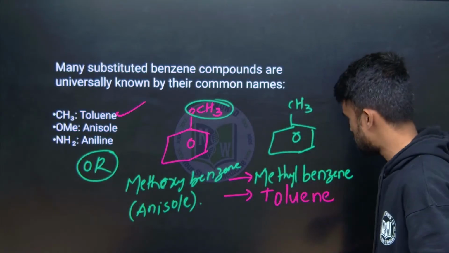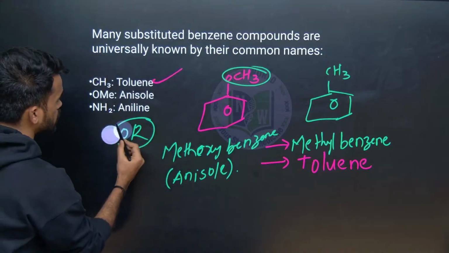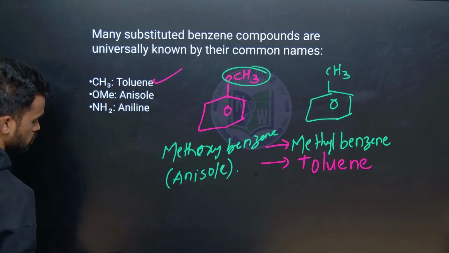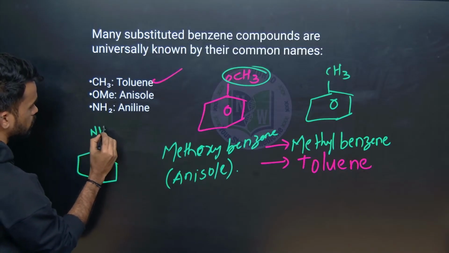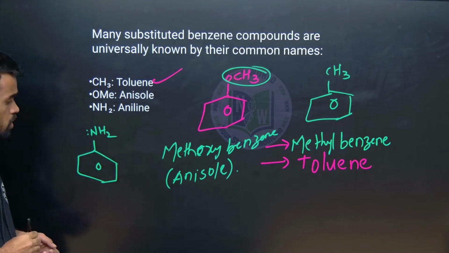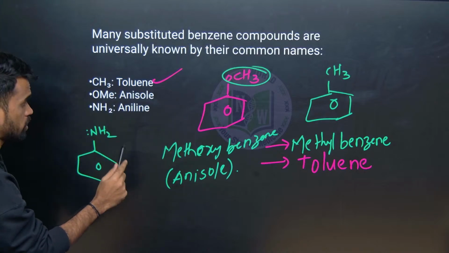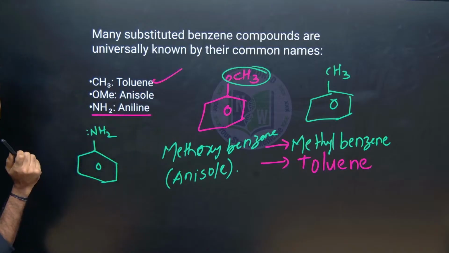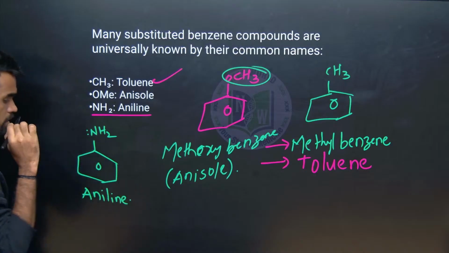Okay. So the next, on the benzene ring, if we have an NH2 group like this, we should call it aminobenzene, which is the IUPAC nomenclature, and the common name for that is aniline. Okay.